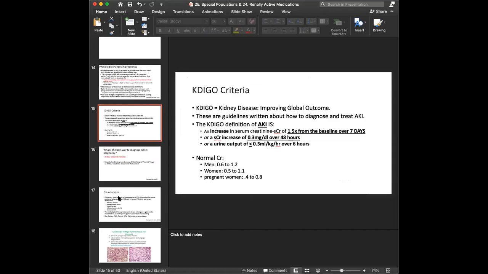Okay, looking at AKI again, remember 1.5 times the baseline over 7 days, 0.3 increase in serum creatinine over 48 hours, or urine output less than 0.5. But just don't be tricked. It could definitely be a normal creatinine, but if it increases from baseline 1.5 times in the week, or it increases 0.3 over 48 hours, then hey, we've got AKI.